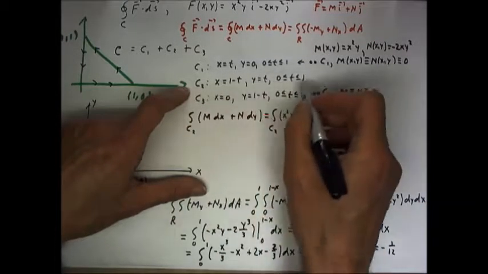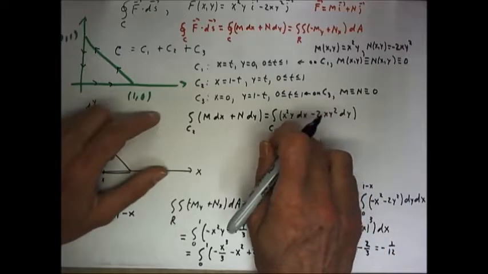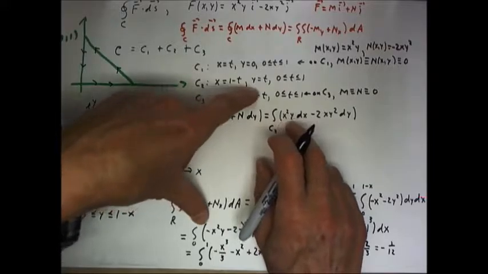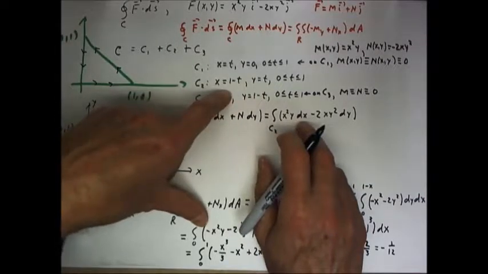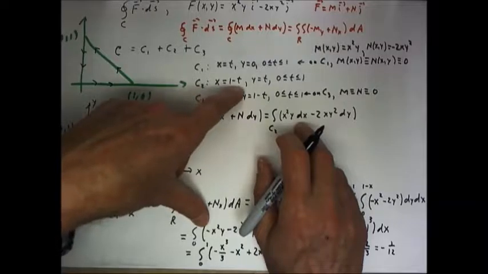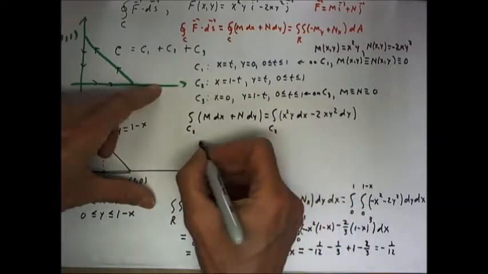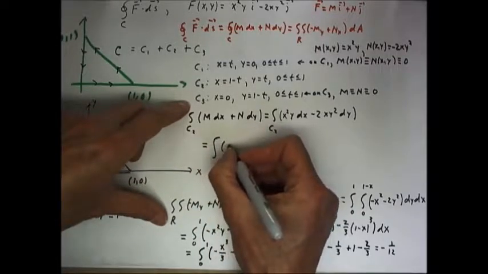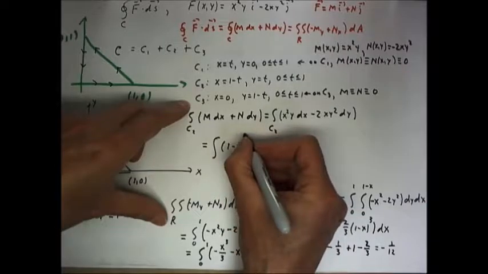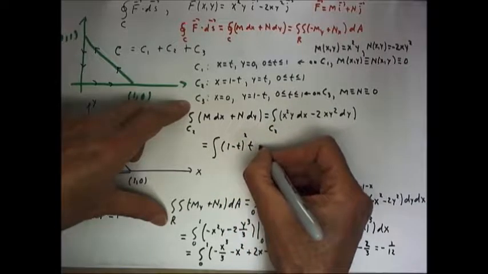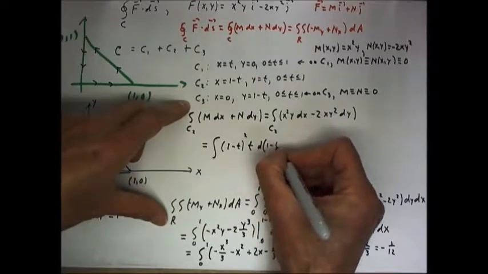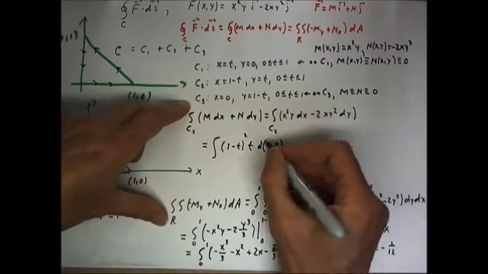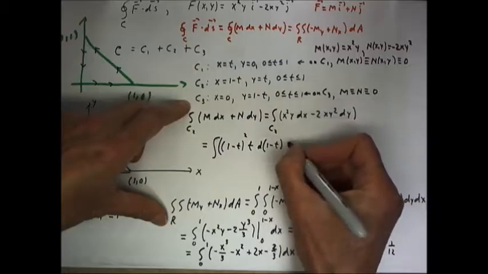Now using our parameterization for C2, we see that x is 1 minus t, y is t, so x squared y will be 1 minus t quantity squared times t. dx is going to be the differential of 1 minus t, which is going to be negative dt. So we get the integral of 1 minus t quantity squared times t times the differential of 1 minus t, just substituting x and y expressions as appropriate in this first part of the integral.